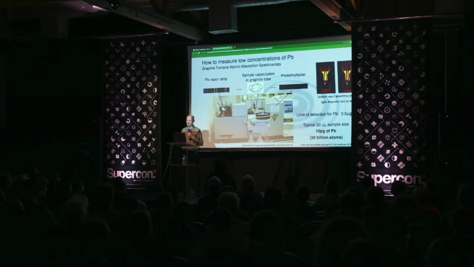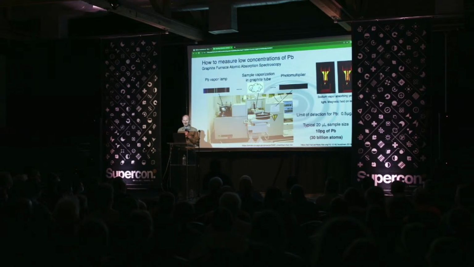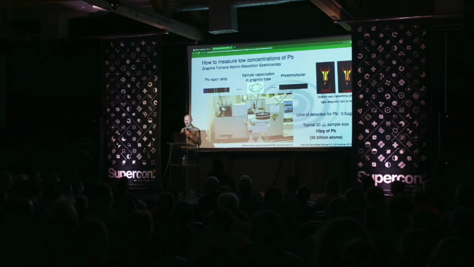How do you know if the cloud is absorbing all wavelengths of light, like a soot cloud, versus just lead atoms that have been vaporized absorbing at these characteristic lines? I bet some of you know. A very clever way to do this is to put the whole graphite tube into a giant magnet. And when the magnet is on, the spectral lines actually shift a little bit due to the Zeeman effect.